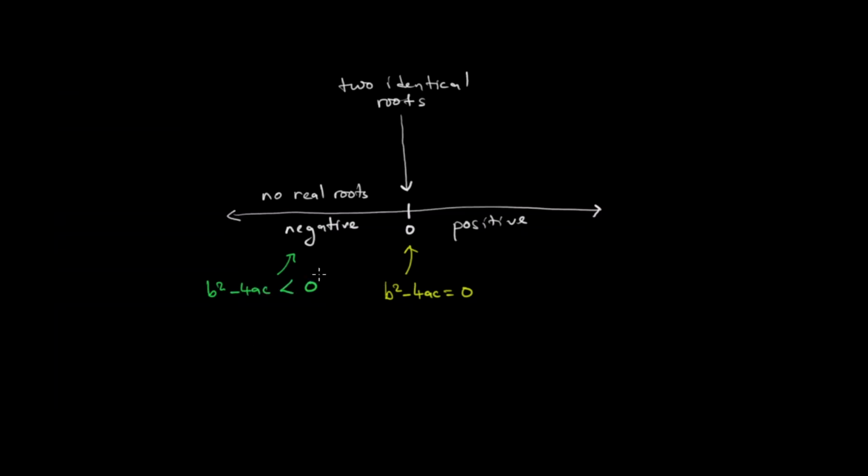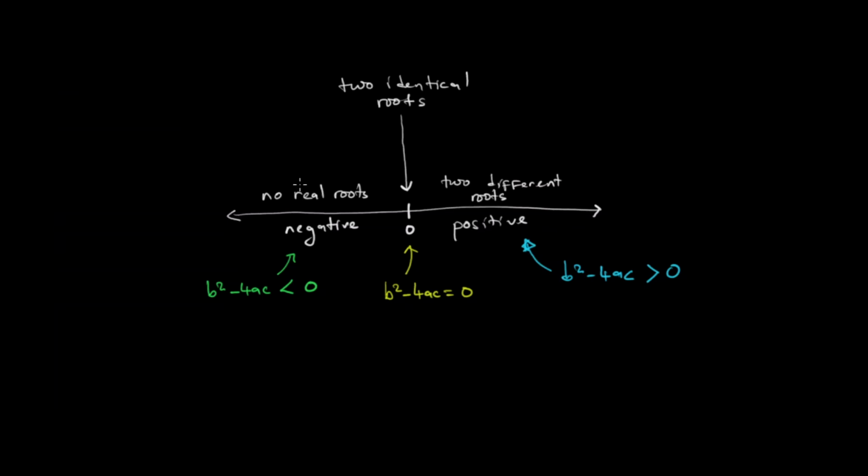Then where we are talking about two different roots, or two distinct roots, two different roots, this is a situation where our discriminant b squared minus 4ac is actually greater than 0. So if the discriminant is less than 0, it means it is negative. If it is greater than 0, it means it is positive.